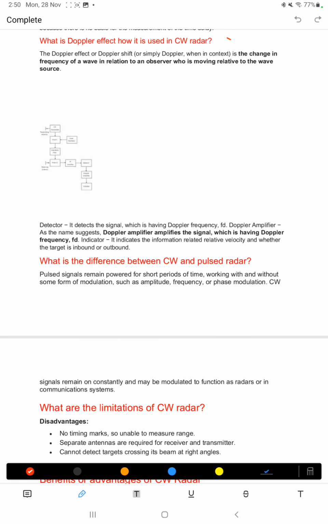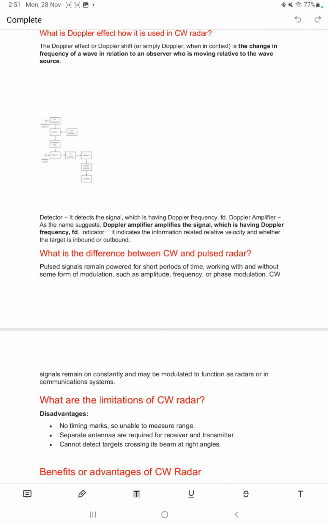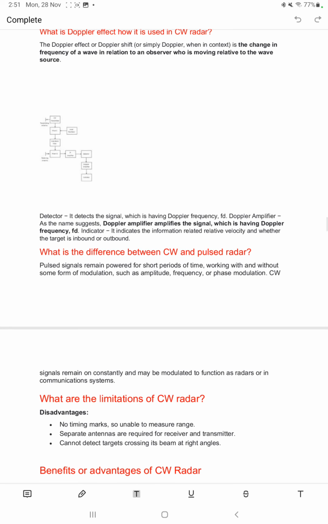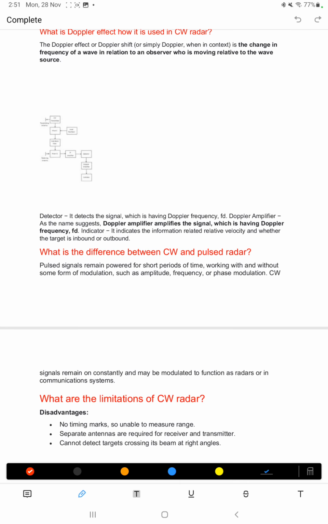Let us see. Now what is Doppler effect? Doppler effect is nothing but a Doppler shift. Doppler effect or Doppler shift, both we can call. It is simply a change in the frequency of a wave in relation to an observer who is moving relative to the wave source.